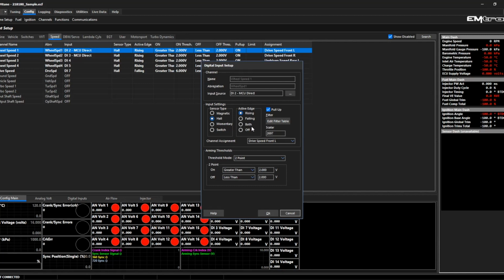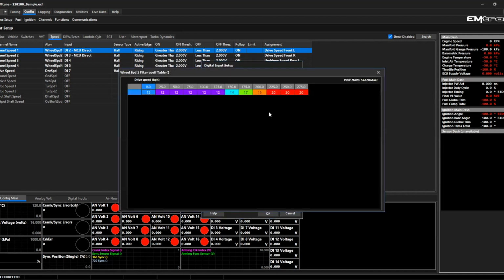Now one of the major changes is we've updated the filtering system, which has a table now, which can be spanned against a number of channels. Now, in this example here, it's spanned against a drive speed channel, but commonly you may filter your speed against the corresponding channel that you've named it as.